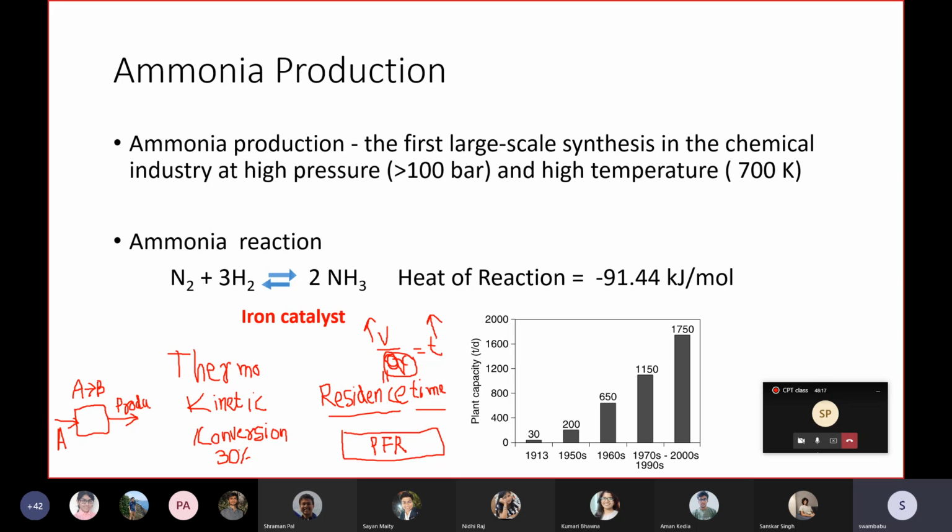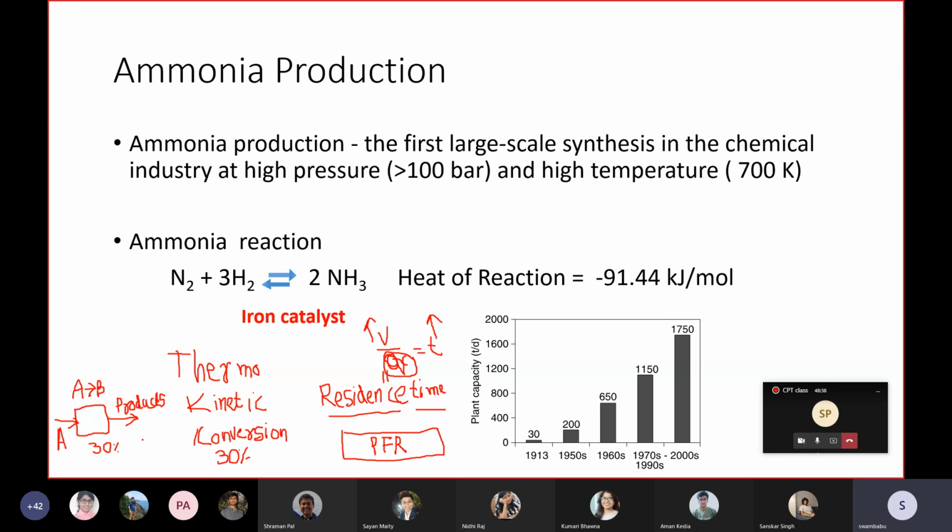Now, if the conversion is less than 100%, let's say 30%, what are the things that will come out as products?